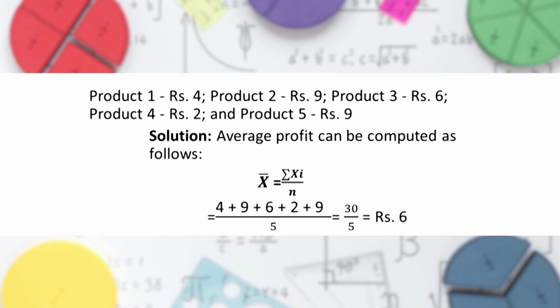Then you have to divide by the number of observations, which is denoted as n in statistics, and the number of observations is 5. So, if you divide 30 by 5, you get a value of rupees 6 per unit. So, now you can say that company X is earning rupees 6 per unit from its 5 different categories of product. Is that clear to you?